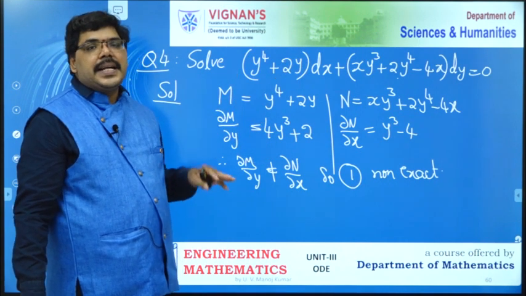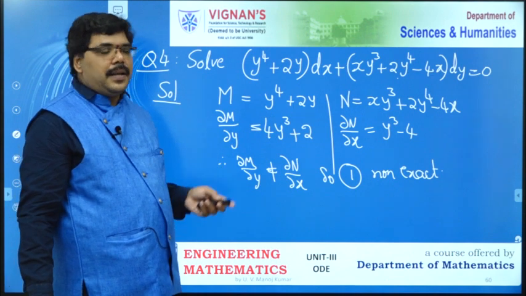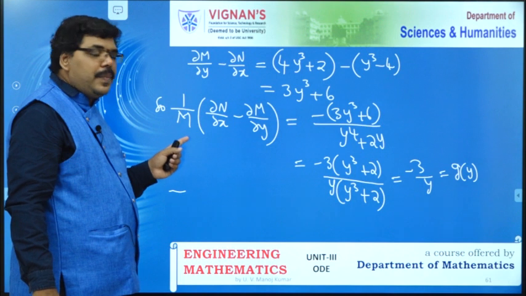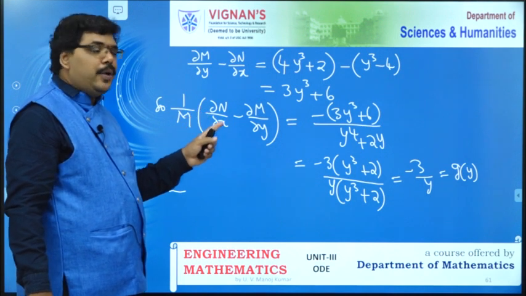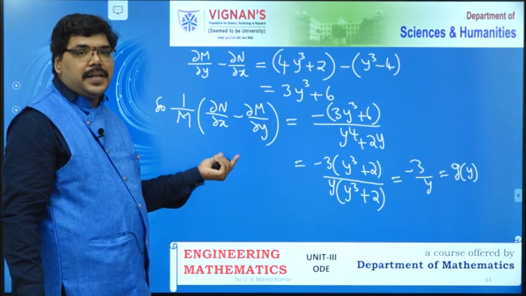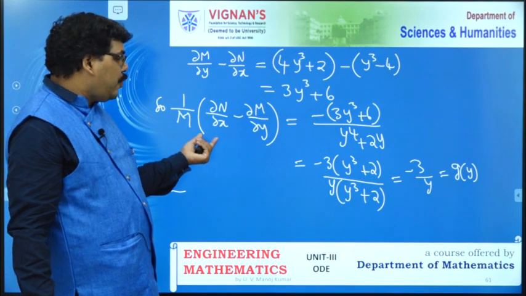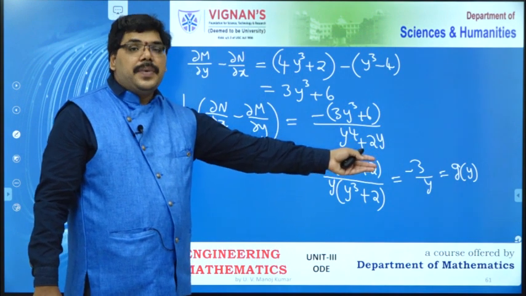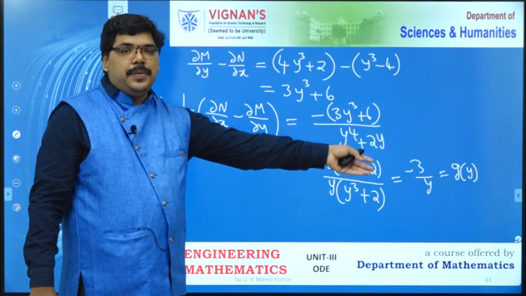If this is non-exact, I want to find its integrating factor. So I calculated 1 by M into dou N by dou x minus dou M by dou y. This is case 4 of non-exact differential equations. When I calculated this, the result is minus 3 by y, which is a function of the single variable y.